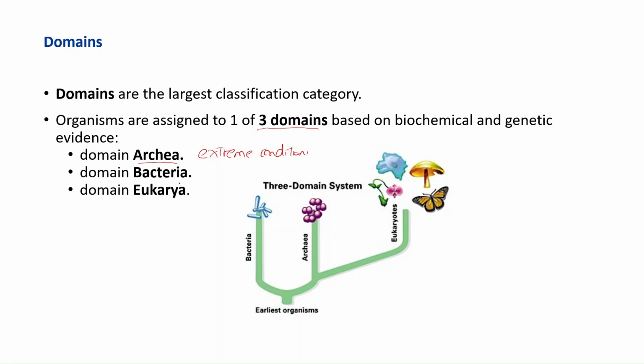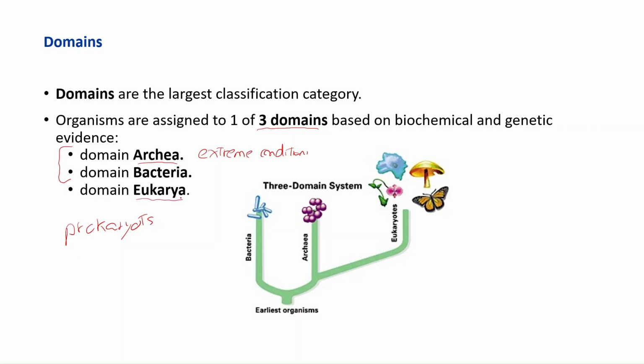You have bacteria. We'll talk more about bacteria. By the way, both archaea and bacteria are considered prokaryotes, because they don't have a membrane surrounding the nucleus. There's not an organelle that you can call a nucleus.